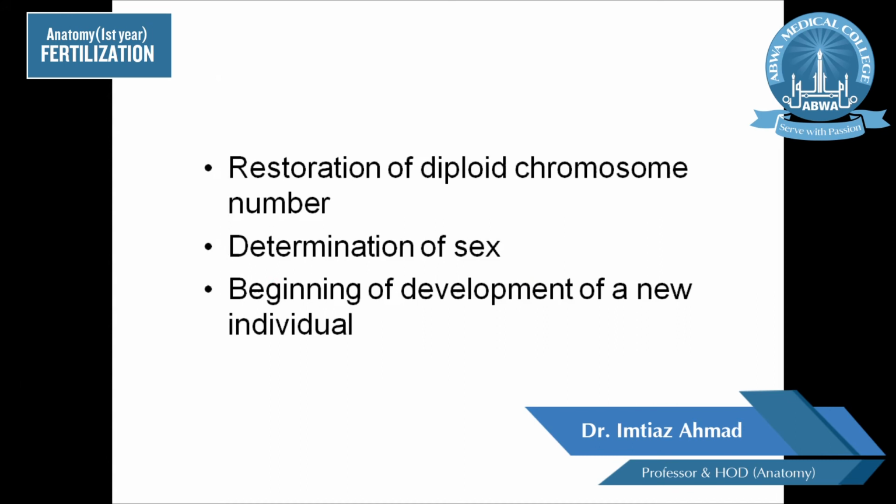The moment the fertilization is complete, the next stage, that is the cleavage, would begin without any interruption. You cannot stop. So the beginning of the development of the new individual ushers in the moment the fertilization is complete. So these are the achievements of the fertilization.